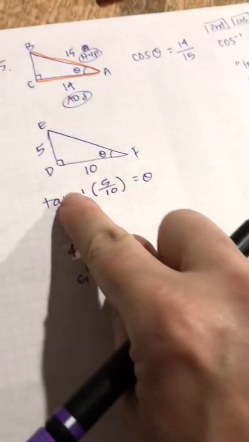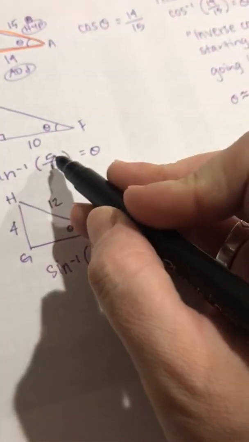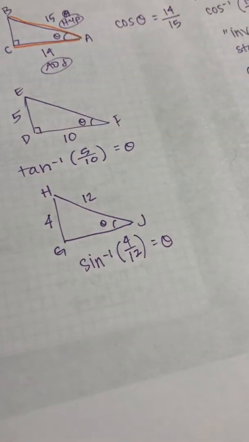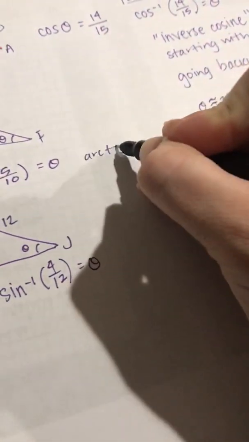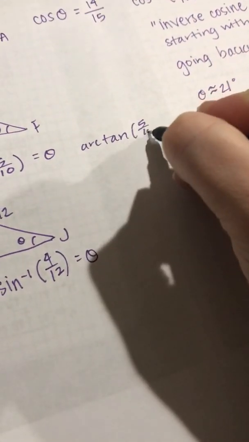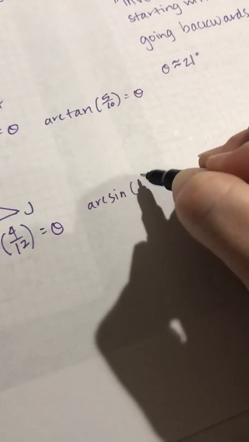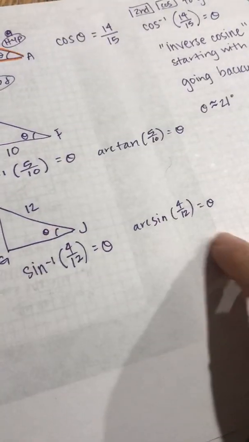To get to each one of these, you just hit the second button. So you would type in second tangent 5/10, second sine 4/12. Or if you're using an online calculator, it might say arctan of 5/10 and arc sine. These are exact answers, and then you would approximate it with your calculator.